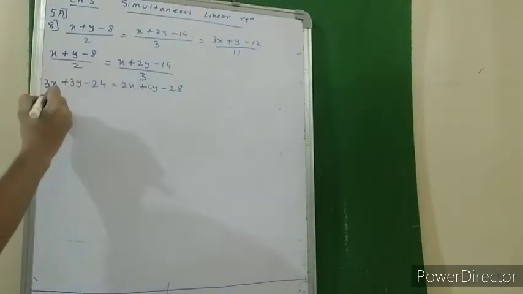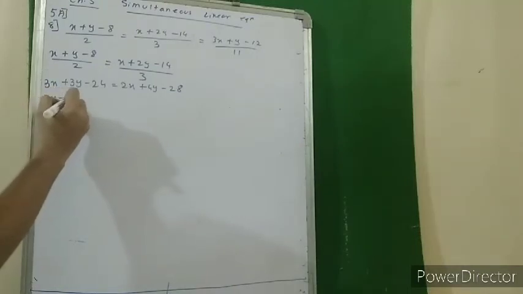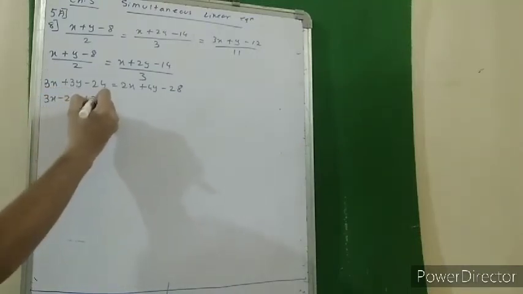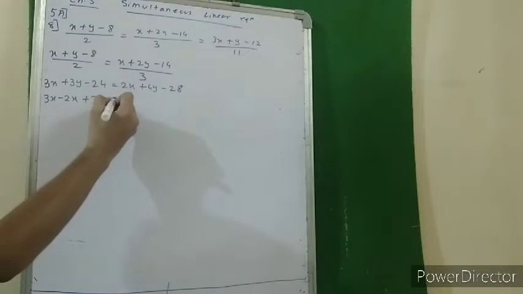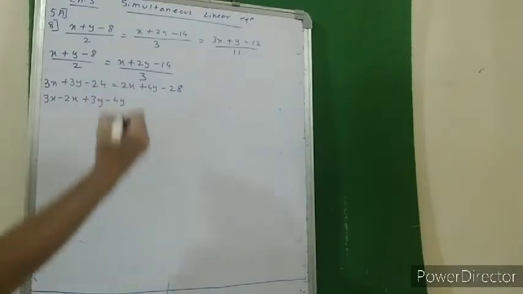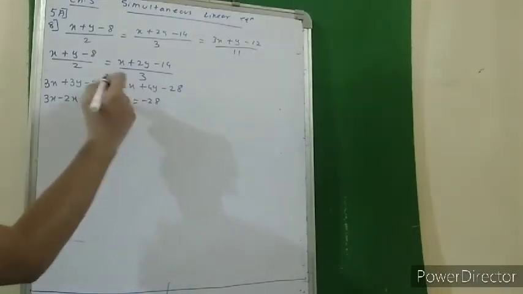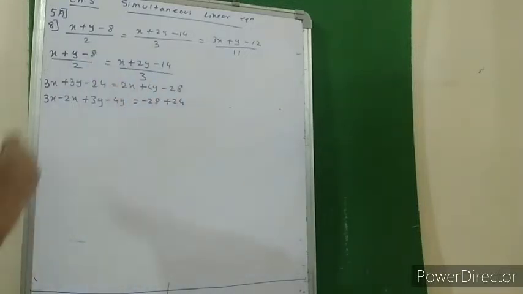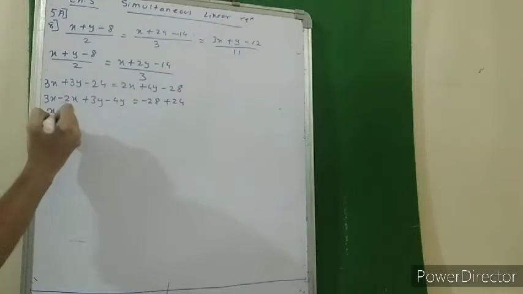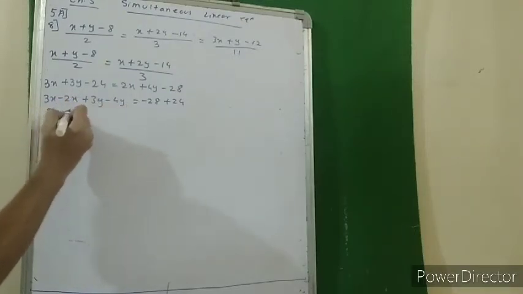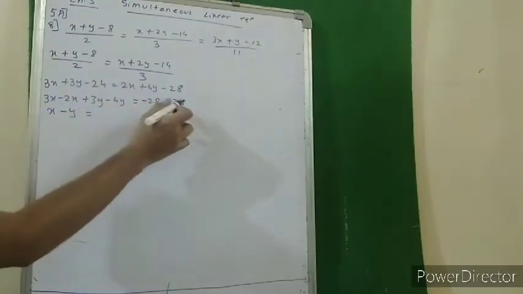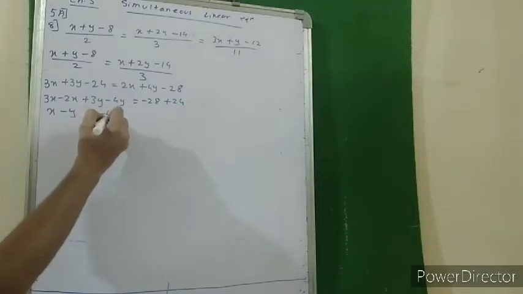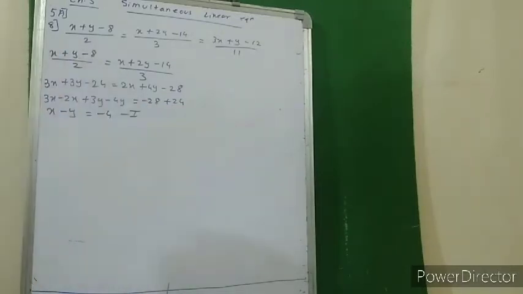Plus 2x will come here and become 3x minus 2x, plus 3y minus 4y, and minus 28 minus 24 will go there and become plus 24. So 3x minus 2x is x, 3y minus 4y is minus y, and minus 28 plus 24 is minus 4. I will name this equation 1.